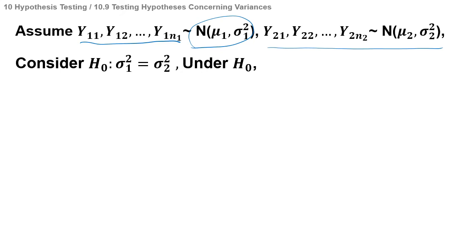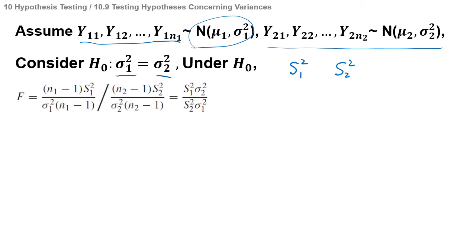And we are interested in testing whether sigma 1 square is equal to sigma 2 square or not, as the alternative hypothesis. But to do the test about this, what you know is the sample variances S1 square and S2 square. And actually, you know the related distribution, which is the F distribution.